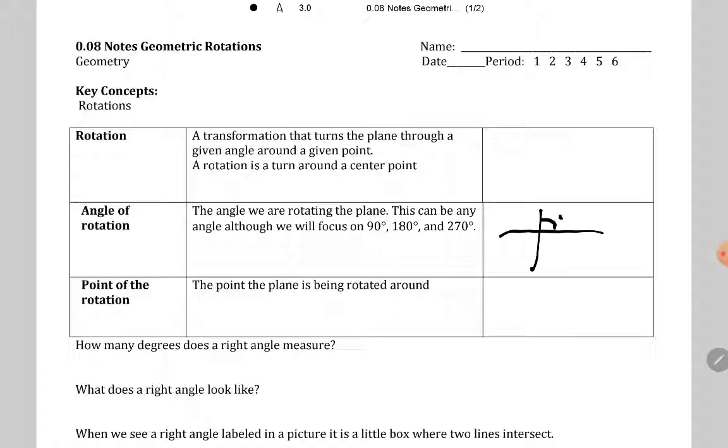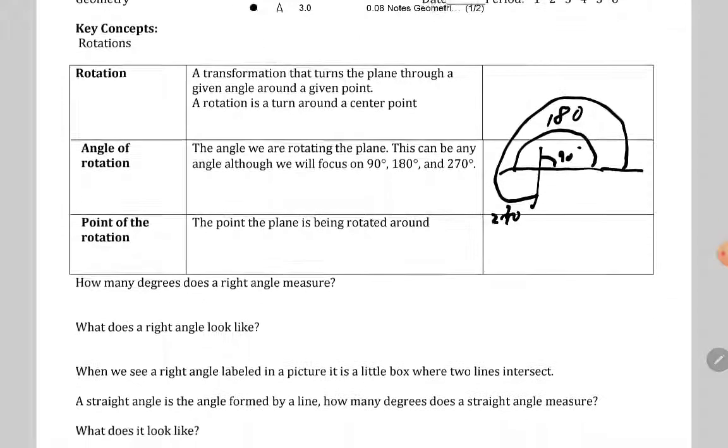So this is actually 90 degrees. This is 180. And then all the way around to this bottom one is 270. And hopefully you know how many degrees in a full circle. If you don't, it's 360.